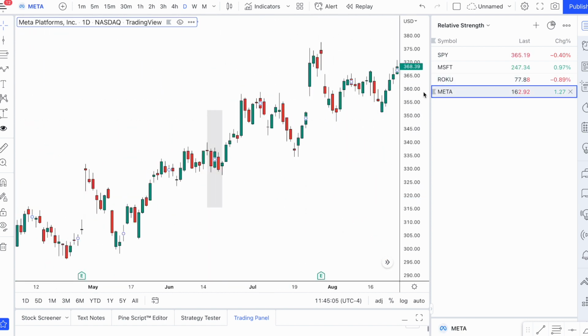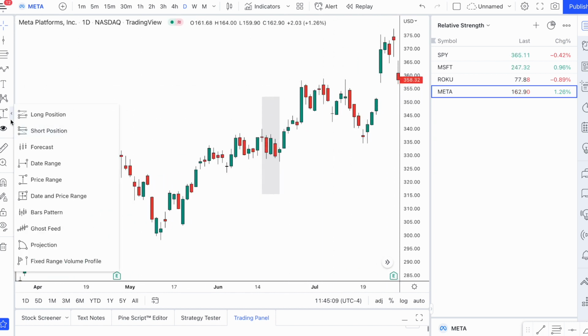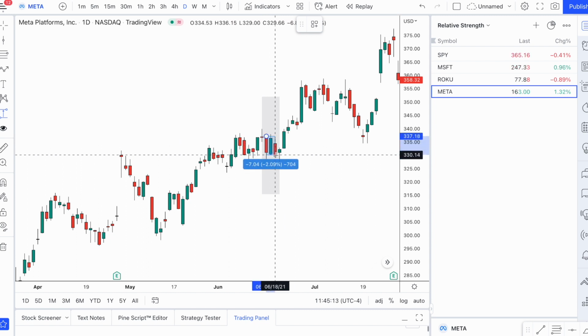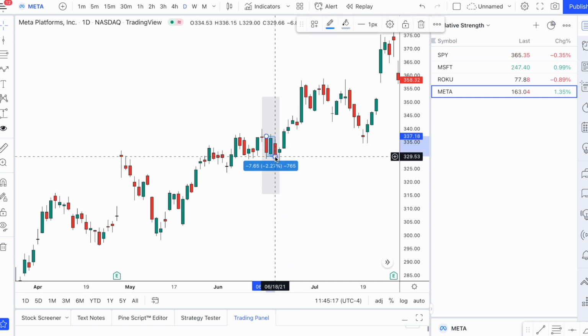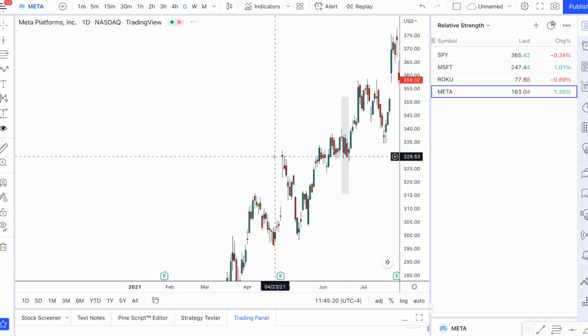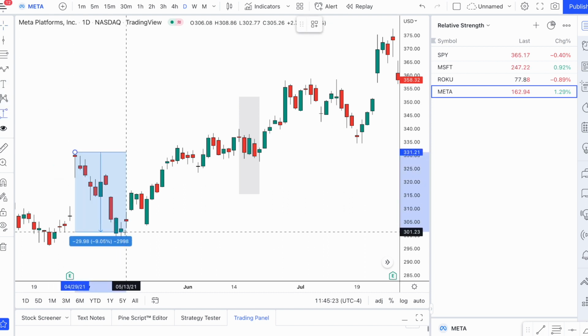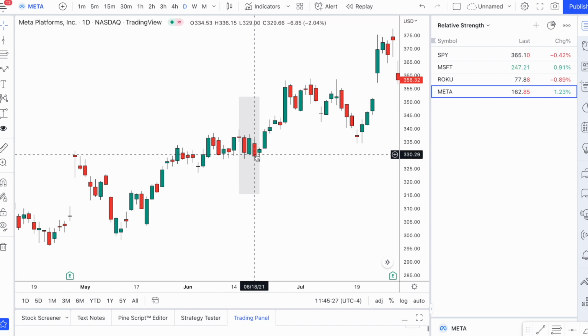Let's take a look at Meta. Same days, okay? So Meta actually did move a little bit lower, right? If we go from the 15th down to the 18th, we moved down about 2.5%, okay? But relative to SPY, that's not a big move at all, right? Something like this on Meta would be a decent move lower, right here, like 9%. Meta barely even moved lower, right?